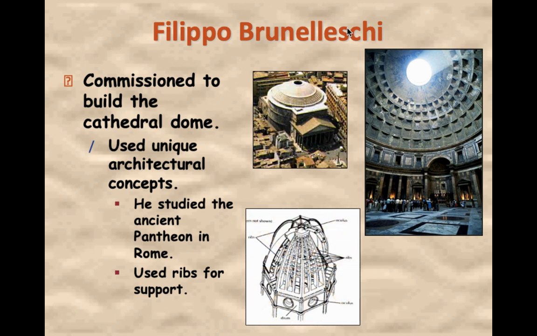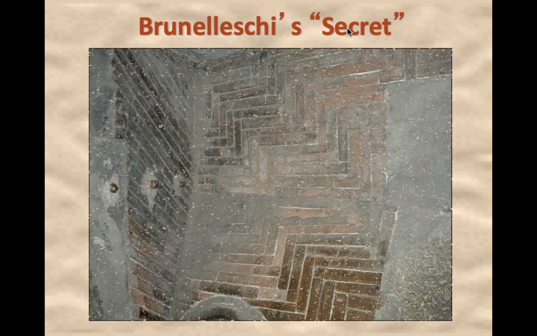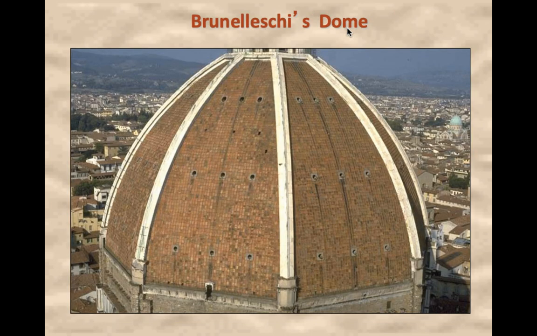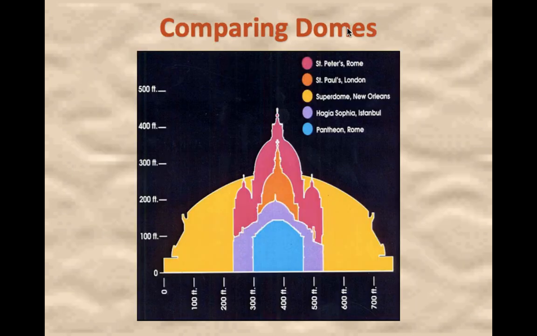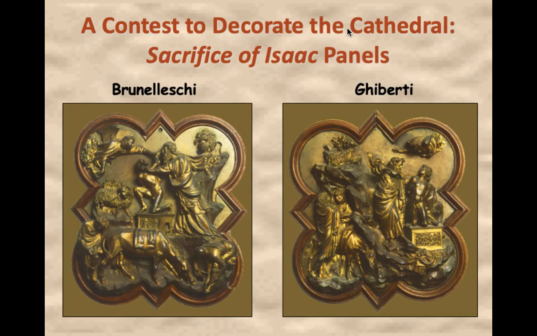Commissioned, again, it's absolutely gorgeous on the inside. Don't know what his secret is because we don't know what those little hook things are for and the brickwork. There's an awesome book about this if anyone would like to read it. And there is his big giant dome. Other domes, again, famous from the Renaissance time period.